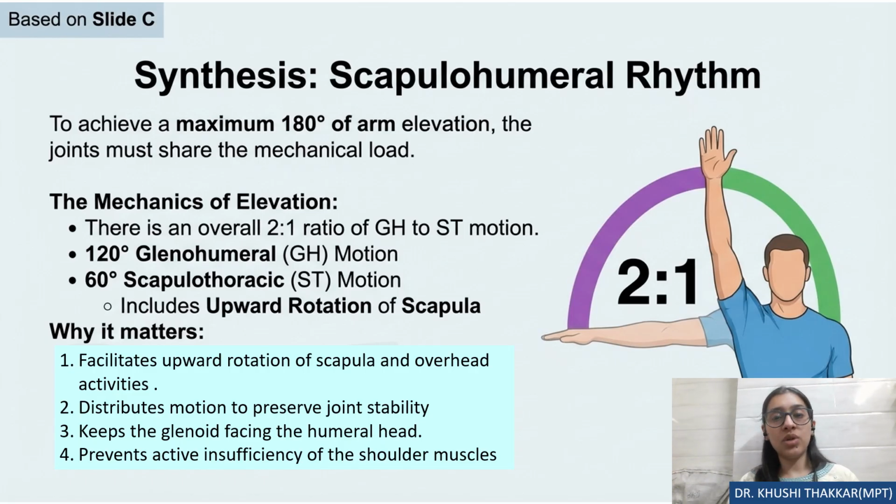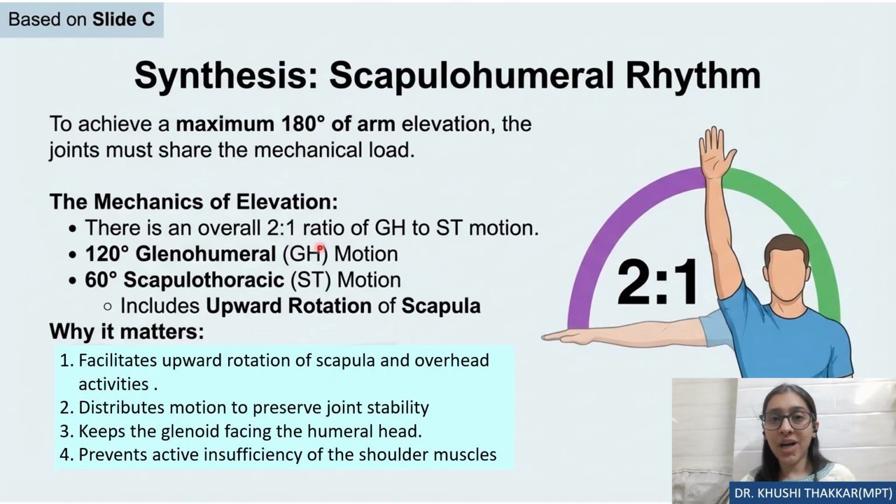Important in the scapulohumeral rhythm is the glenohumeral joint, which shares 2 degrees to 1 degree of the scapulothoracic joint. So 120 degrees of glenohumeral joint motion added to 60 degrees of scapulothoracic joint motion sums up to the 180 degrees of arm elevation. So there is a 2 is to 1 ratio. Always remember 2 is for glenohumeral and 1 is for scapulothoracic.